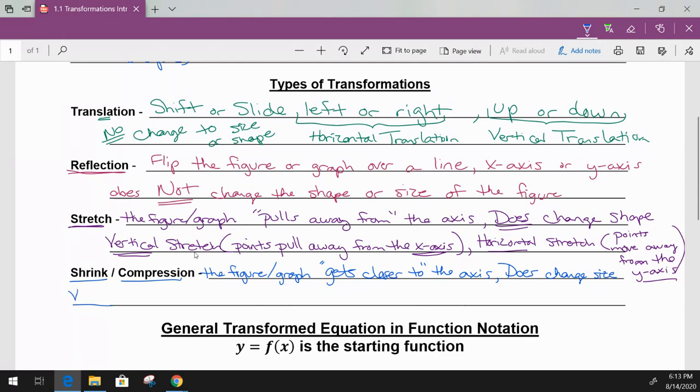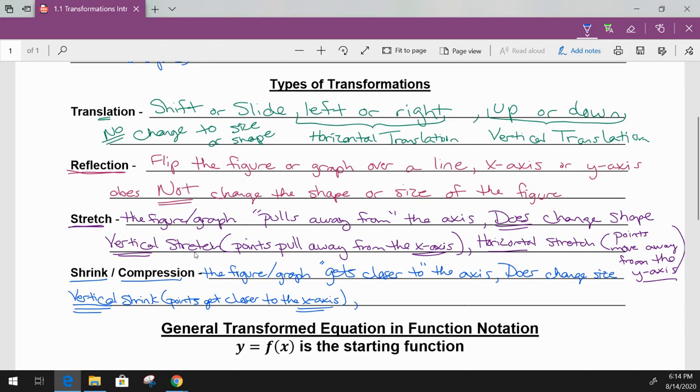A vertical, I'll just call it a shrink because it's shorter. The points get closer to the x-axis. So again, confusing because it's vertical and it's getting closer to the x-axis, but that's what it does.